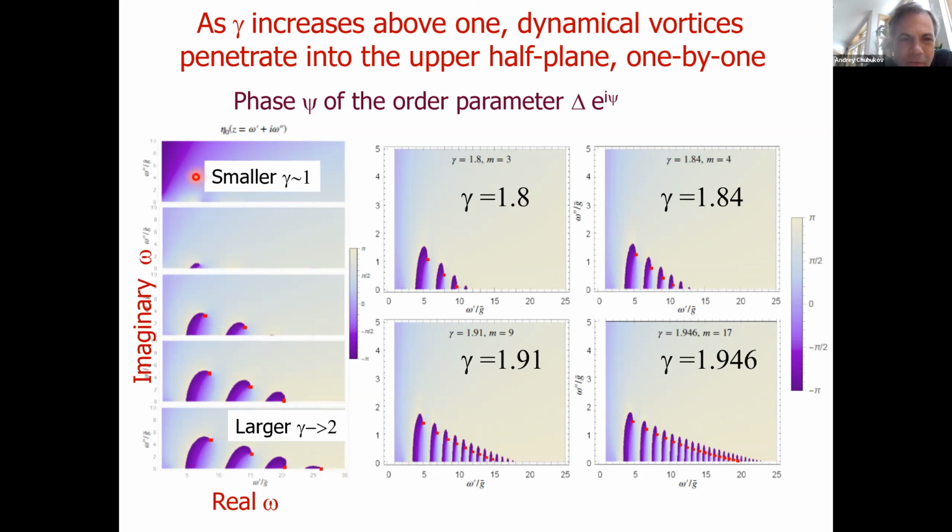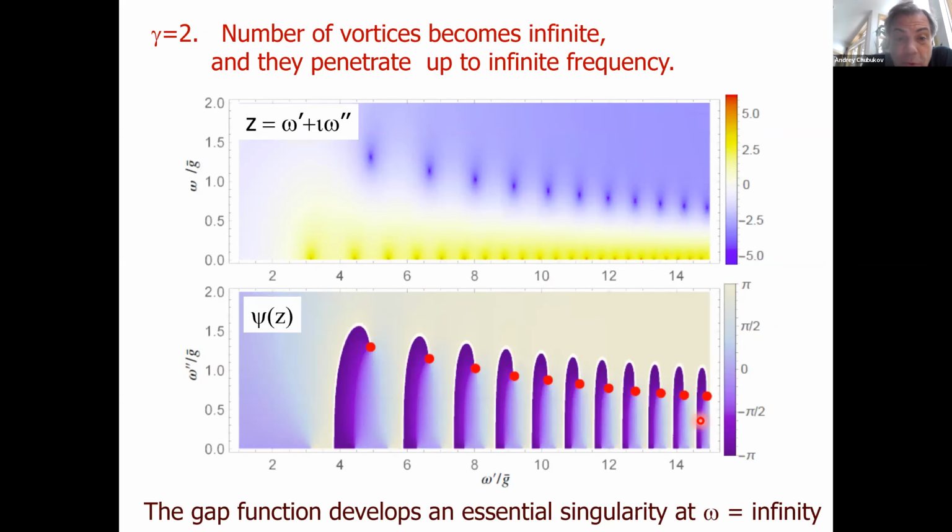You go from the upper panel to the lower panel as gamma increases, and you see more and more of them as these guys move into the upper half plane of frequency, which is where we need to probe analyticity of the function. To make a long story short, when gamma equals 2, the number of these vortices becomes infinite. So you have a special situation where, in fact, the system generates an infinite number of vortices. There is another thing: it develops an essential singularity at infinity.